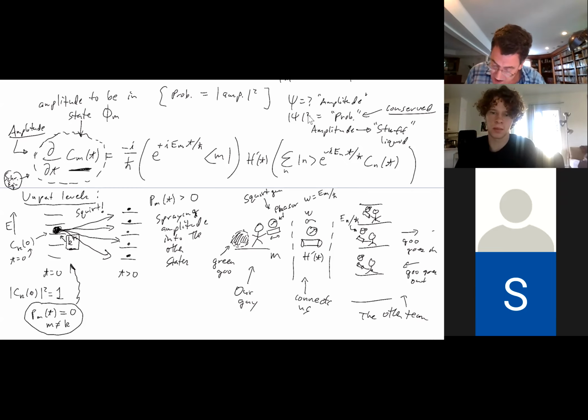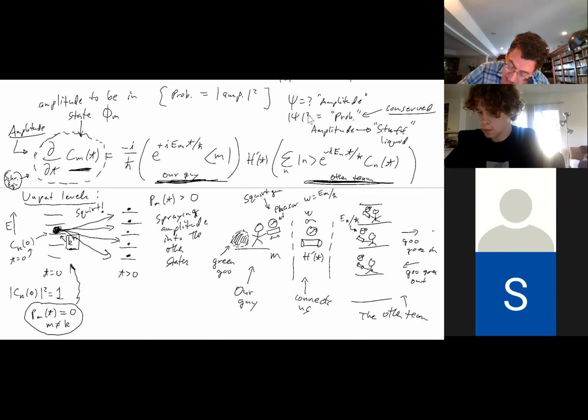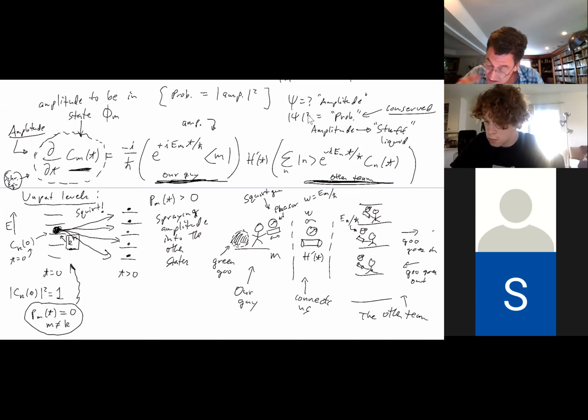When you look at this equation, basically this is our guy here, and this is the other team. This is our guy's amplitude, and he's squirting his amplitude. That's his phaser. That's him. And this is the other team.